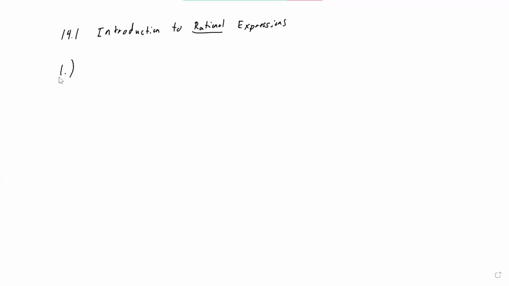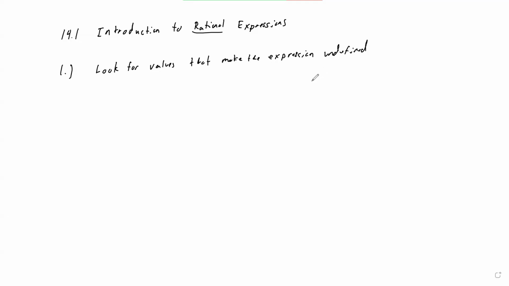So number one, the questions are going to ask you: determine which values of the variable, if any, will make the expression undefined. So we're going to look at this right here. Let me look for values that make the expression undefined.